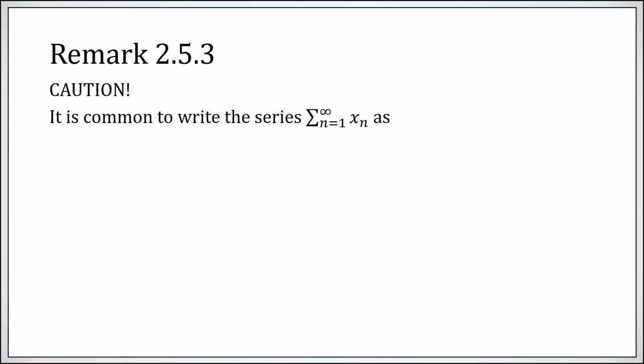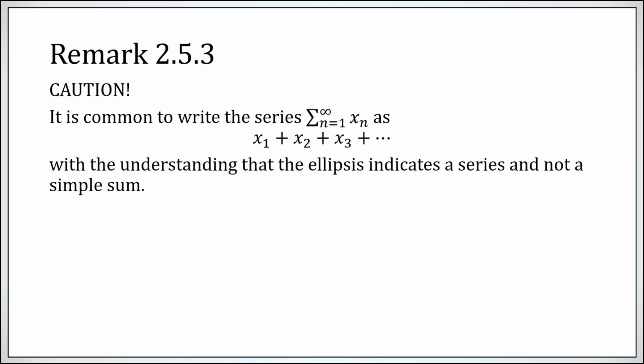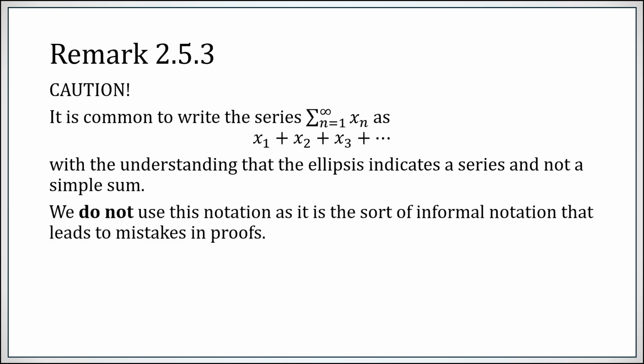Be careful, however. It's common to write the series, the sum as n goes from 1 to infinity, as x_1 plus x_2 plus x_3, and then an ellipsis. So the ellipsis indicates a series that keeps going, not a simple sum. Do not use this notation too often. We will avoid using ellipses whenever it's at all convenient to not write them, because the ellipsis, this sort of 'and so forth', is a common way to trap yourself into some false thinking.